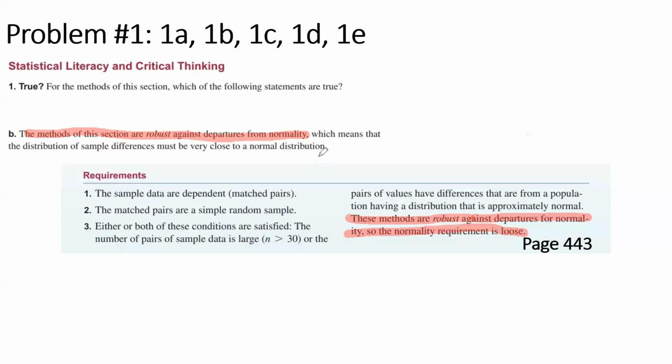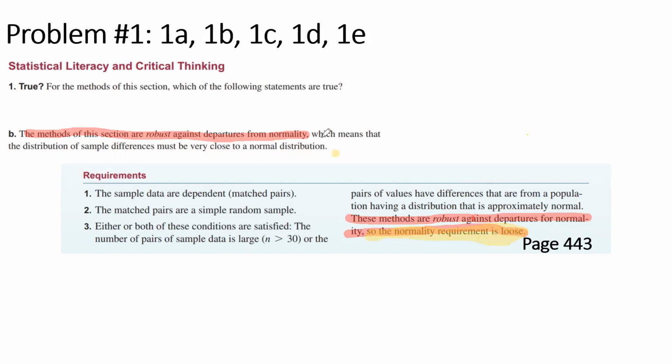The answer is false. And the reason why it is false is because the follow-up information behind it is different. The follow-up information is not saying that the normality requirement is loose.